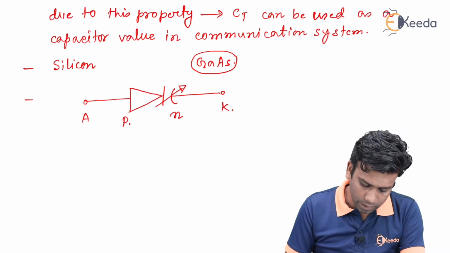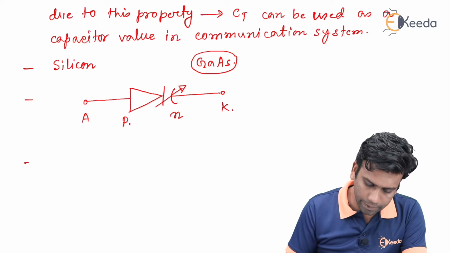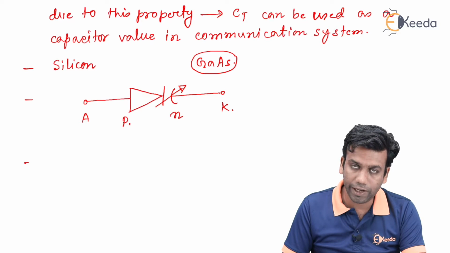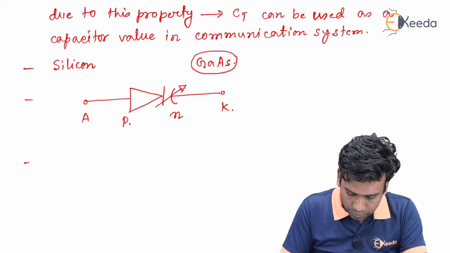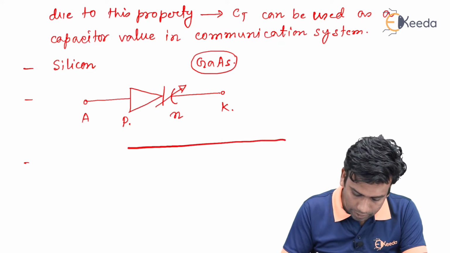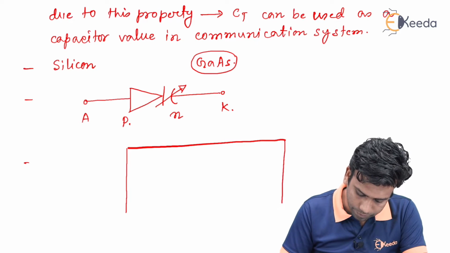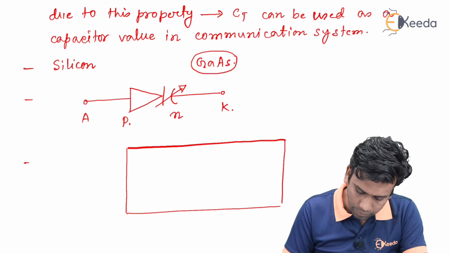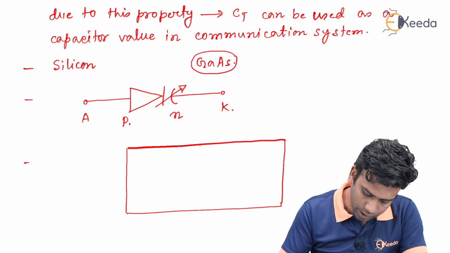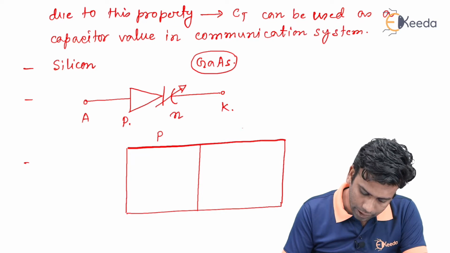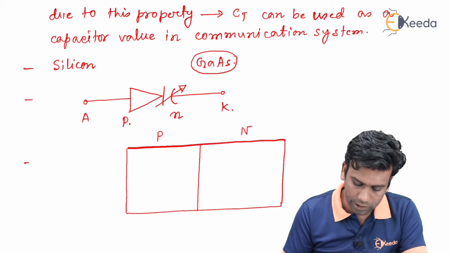Now, let us take the block diagram of a PN junction Varactor diode. So, this is a Varactor diode having the junction like this, and this is the P side of the Varactor diode and the N side of the Varactor diode.